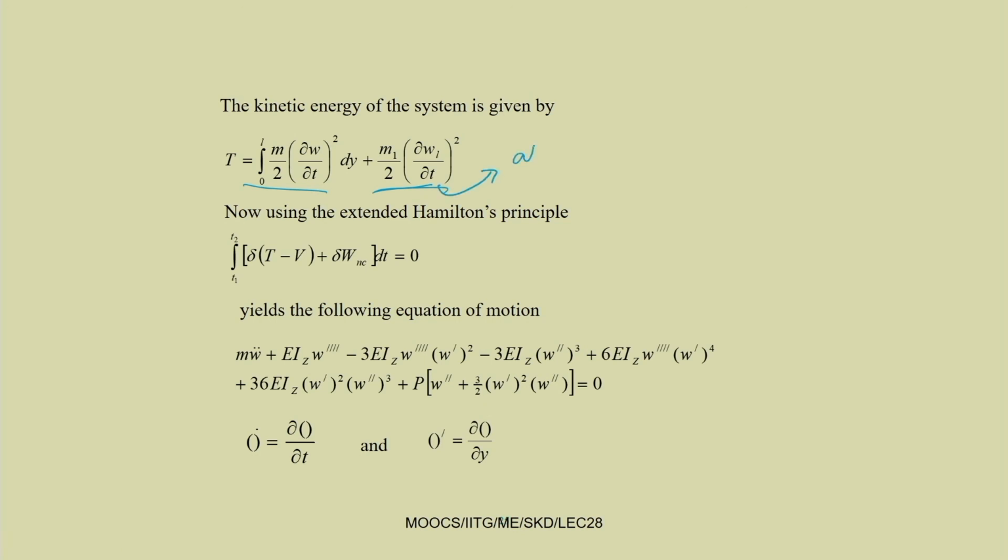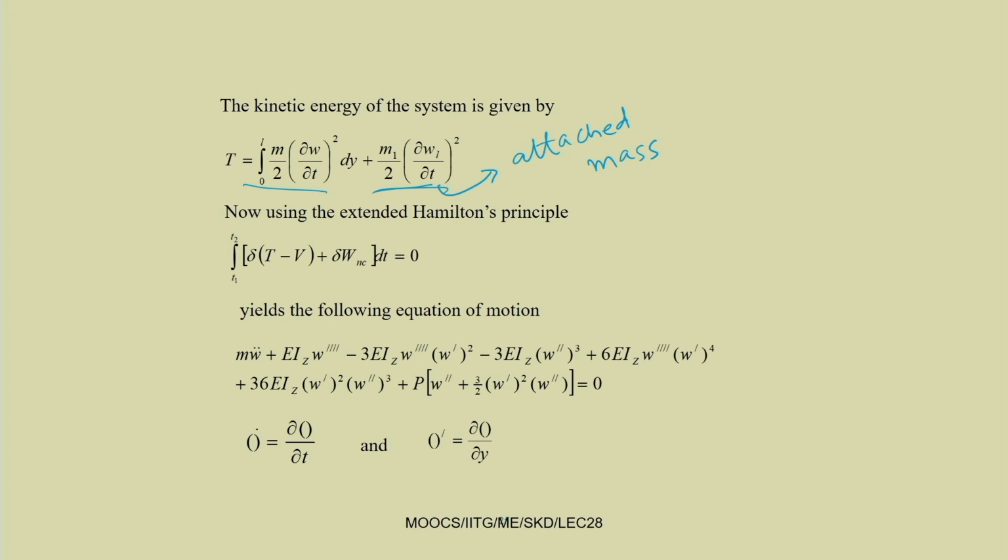Due to the attached mass it can be m1 by 2, where the attached mass is m1, so m1 by 2 del w_l by del t whole square. Note that w is a function of both space and time, that is why the partial derivative is used. Now, using the extended Hamilton principle, you can derive the equation of motion.